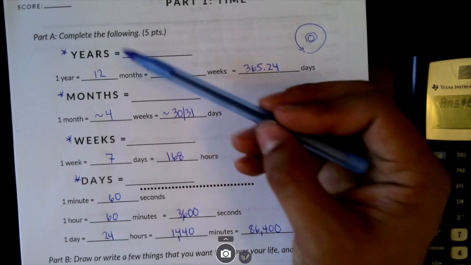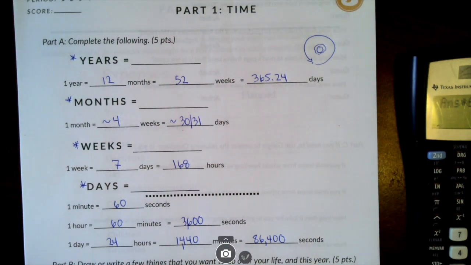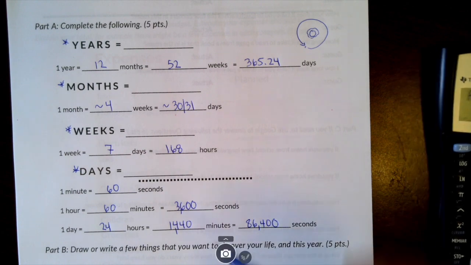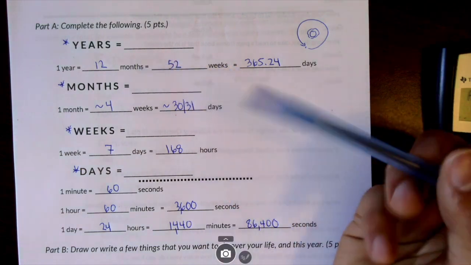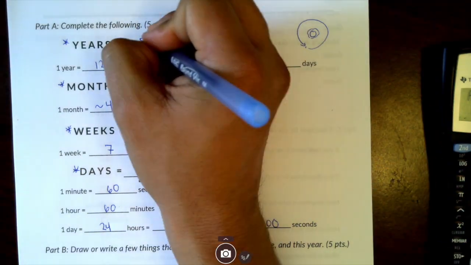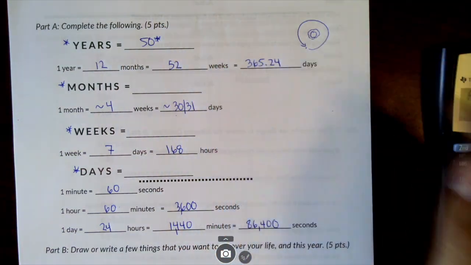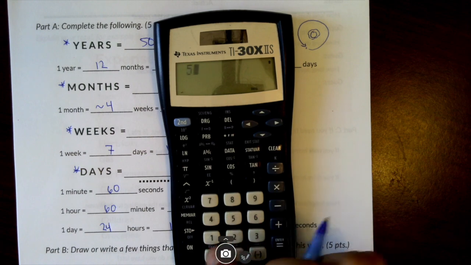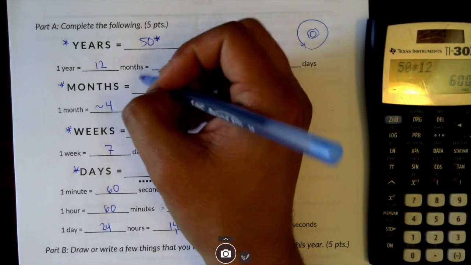Now, why did I tell you to leave these alone? Because what I was trying to do in class was paint a picture: you don't know how many years you have left. But let's just say you have 50 years, okay? Again, we don't know, but if you got 50 years, then you have 50 times 12, 600 months left.